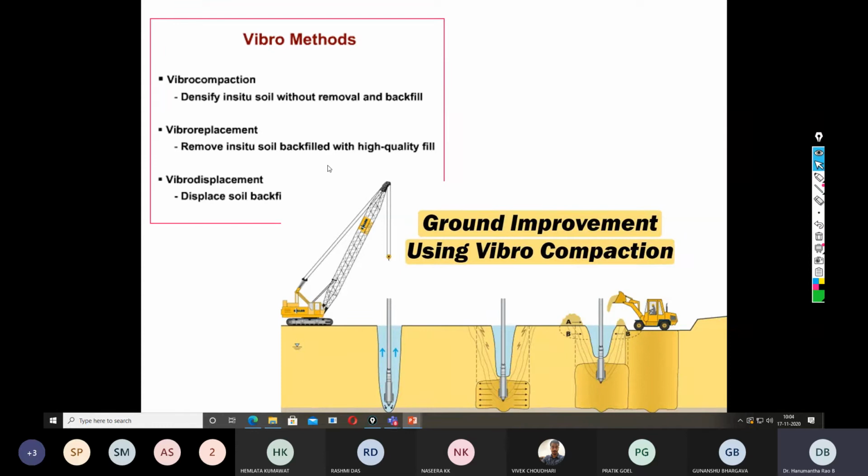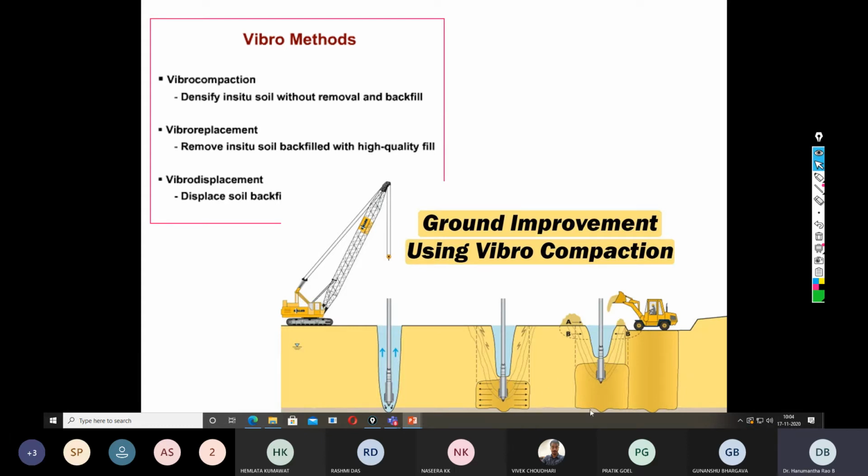Vibro displacement I will talk about. So here also backfilling is involved. But if you look at the vibro compaction, we are simply densifying the in situ soil. So ultimately, there is an overall reduction in the volume at the top surface. But in case of the vibro displacement, we are going to create altogether a new element that is called a granular column, as you can see from this picture.